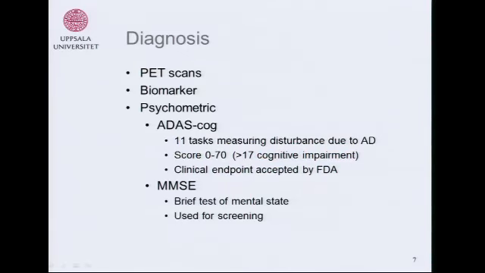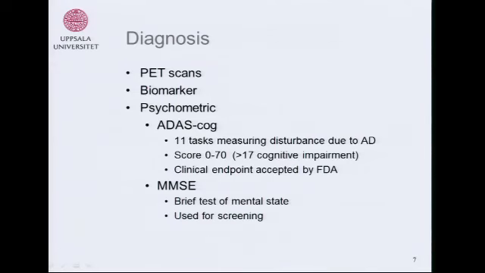As for ways to diagnose Alzheimer, there are objective ways. You can diagnose it via imaging techniques like PET scans or via biomarkers, but the most common and most accepted technique are still psychometric assessments. And among them, the ADAS-Cog scale plays an important role since it's accepted by the FDA as a clinical endpoint.